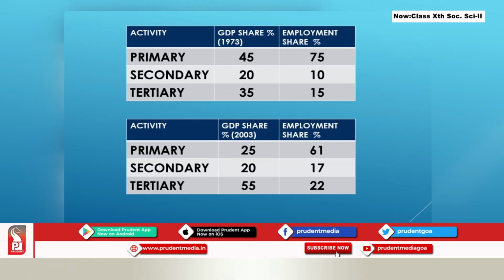But look at the second table, wherein in primary the GDP contribution is just 25% and almost 61% of people are engaged in the primary sector, whereas in the tertiary sector it is almost exactly opposite, producing 55% of the value of the GDP with only 22% employment.